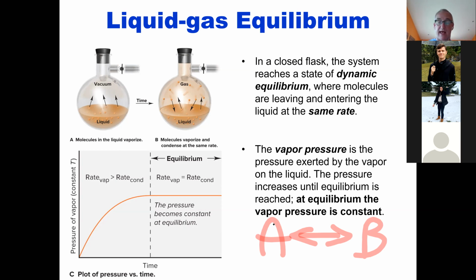So it could be that I have 90% A and only 10% B, but that's what their equilibrium values are. That's when I have a stable equilibrium. And so I would say my equilibrium constant here is 9 divided by 1, so it would be 9 favoring A. They don't have to be exactly the same.